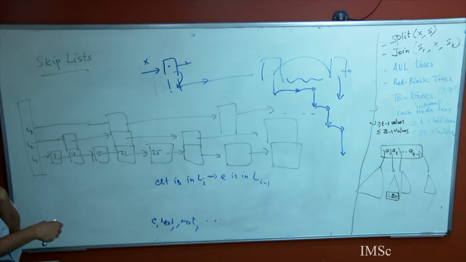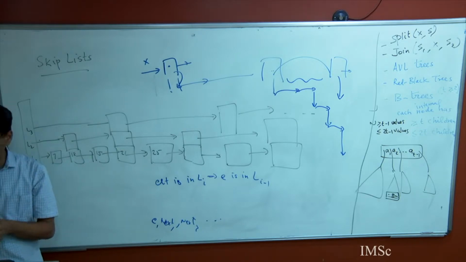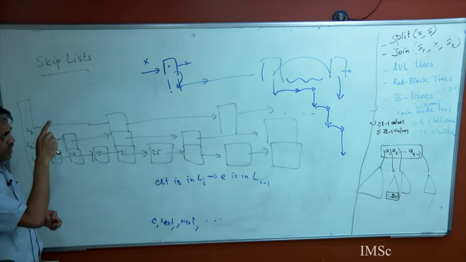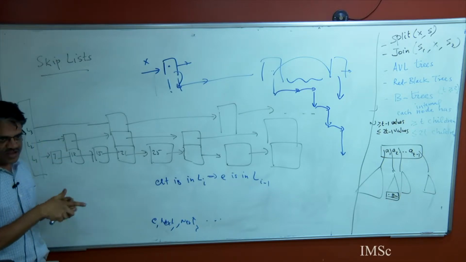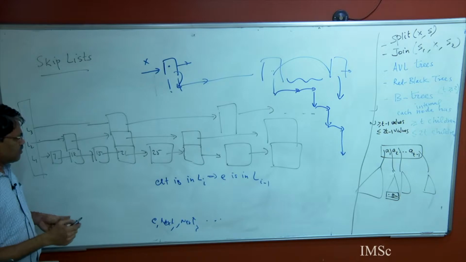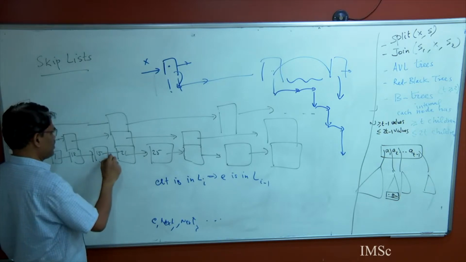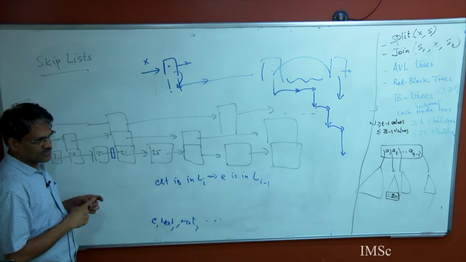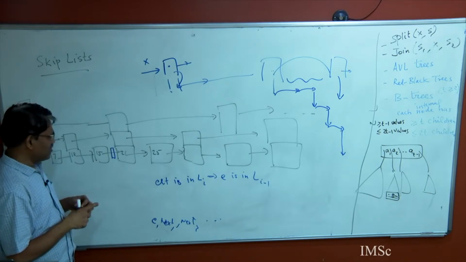The search is fine, but how do I now insert an element, right? That's a mess. I can follow through and figure out where I should insert, but suppose you tell me that I have to insert here. All kinds of things happen, right?